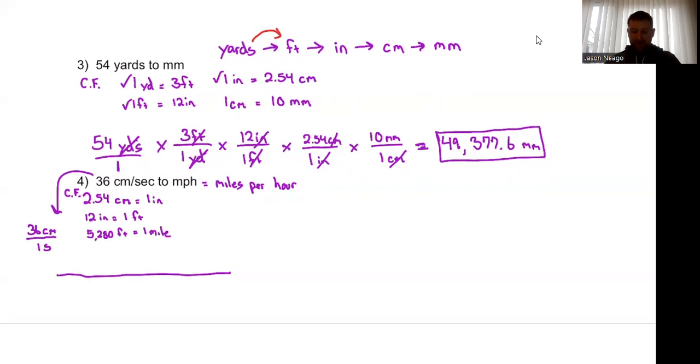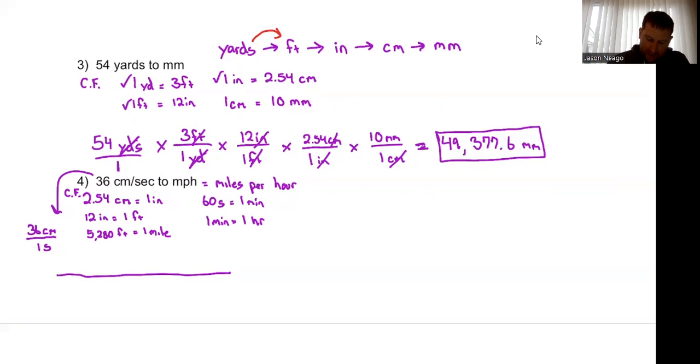So that takes care of my distances. What I need to do now is convert my times. So I need to go from seconds to hours. 60 seconds equals 1 minute, and 60 minutes equals 1 hour. Okay, so here are my conversion factors.